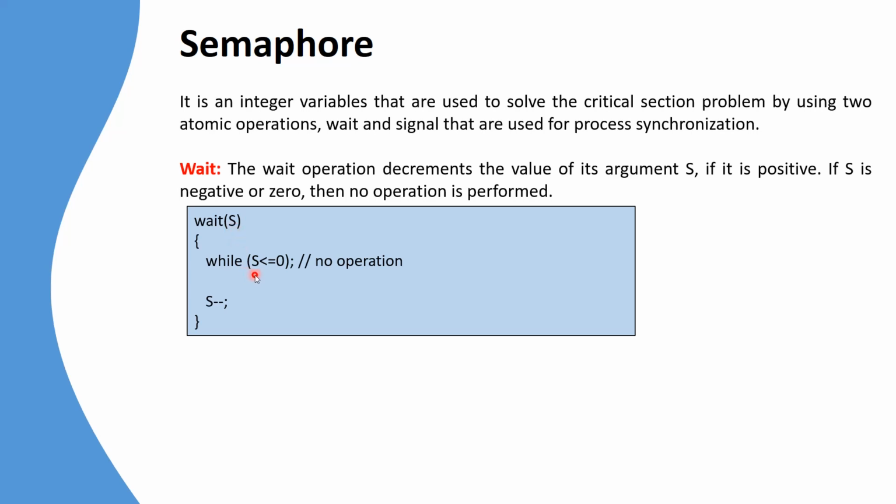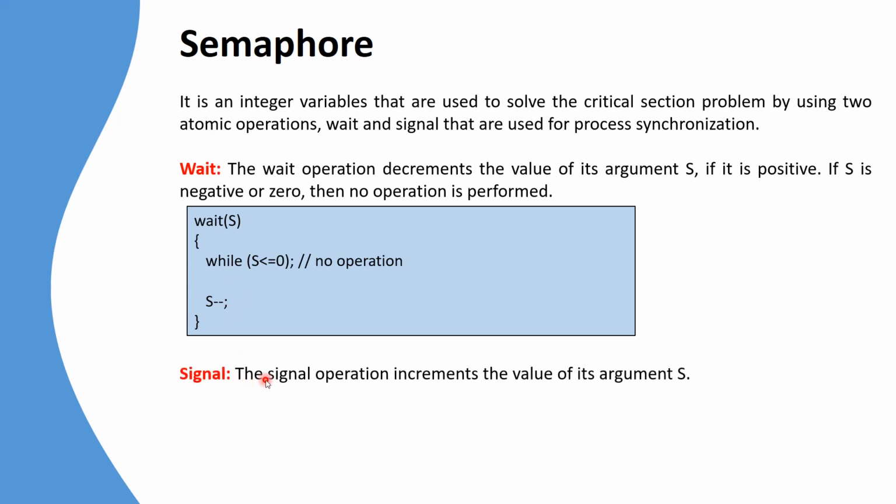Here, if the s value is less than 0, then no operation is performed. It continues in the loop. If the s value is greater than 0, then the wait operation will decrement the value of the semaphore and it can enter the critical section.